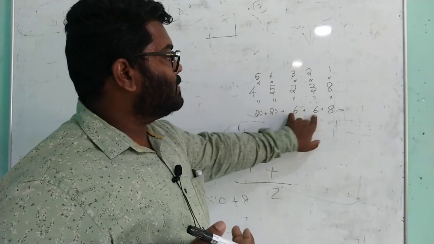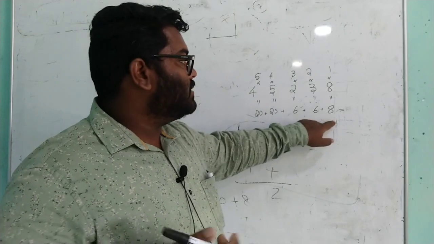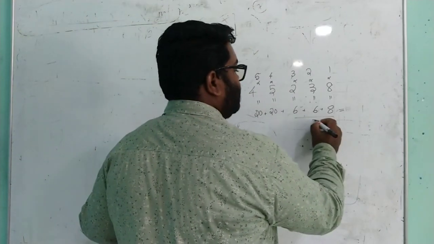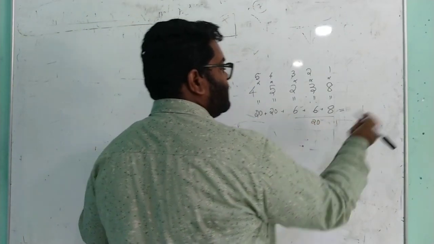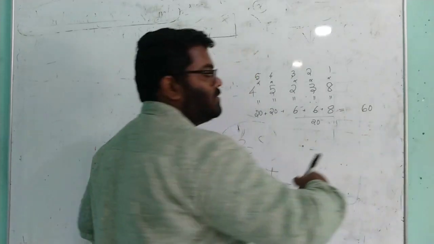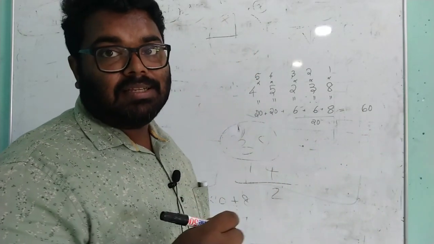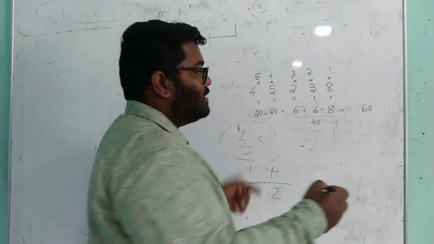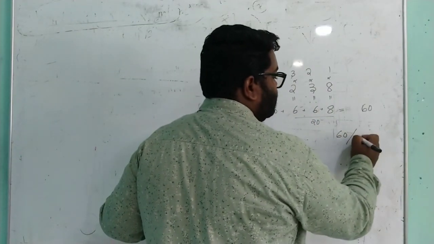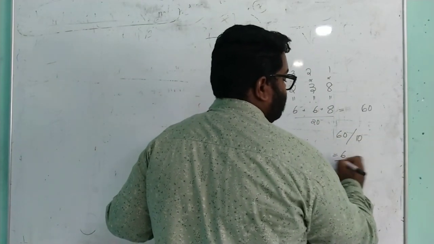Like we have 6 plus 6 is 12, 12 plus 8 becomes 20 here. Again 3 20s are there, so that's 3 times 2 with a 0 becomes 60. So we have 60, and the next step is 60 divided by 10, which is equal to 6.